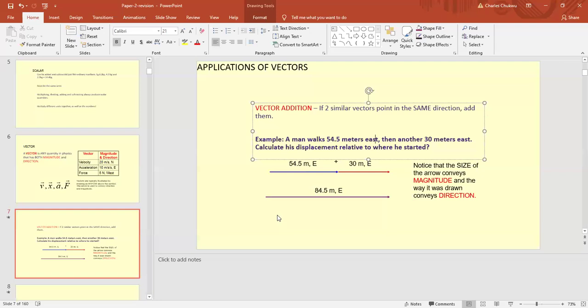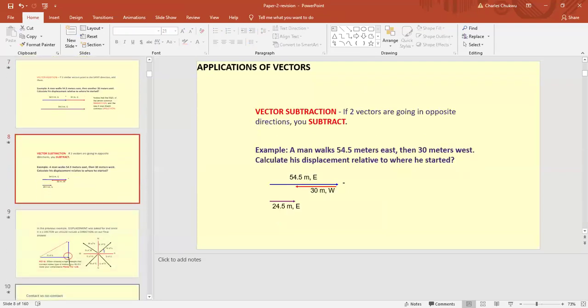Now let's pretend that, okay, let me see if the next slide has what I want to say. Okay, good. This is a good example. A man walks 54.5 meters east and then 30 meters west in the opposite direction. Calculate his displacement relative to where he started. Guess what? One of them is going to be negative, okay?